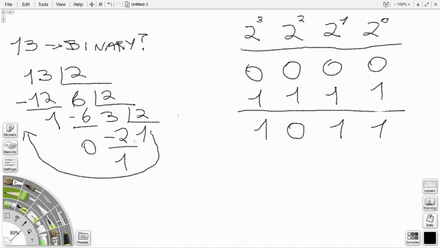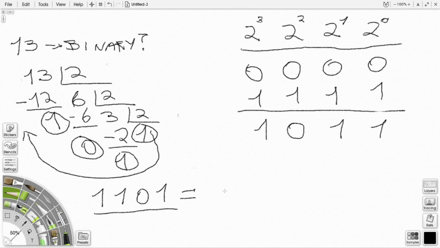So we're going to say 1, 1, 0, 1. It's this one here, 1, 1, 0, 1.